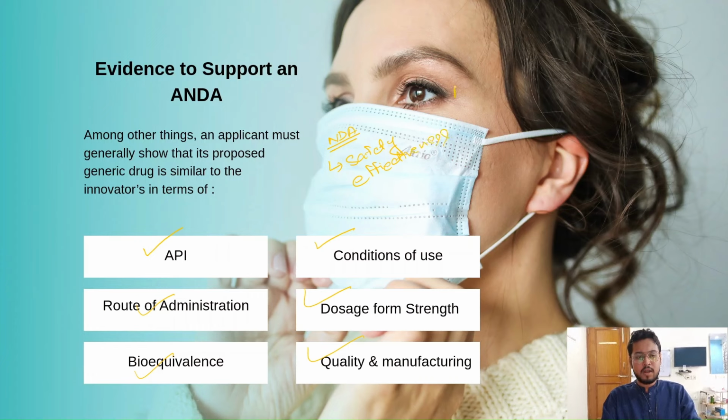And for an ANDA, they do not need to conduct this; rather they have to show the Q1 Q2 similarity, or the formulation similarity. The second is that they have to show the bioequivalence. So this is very important.